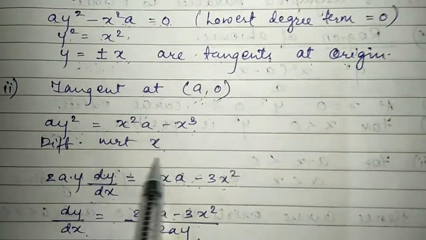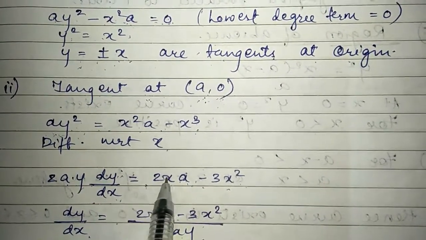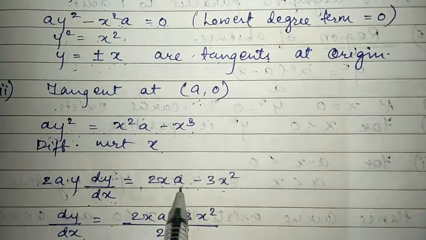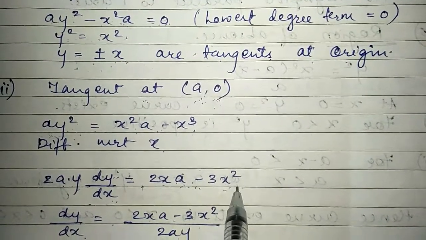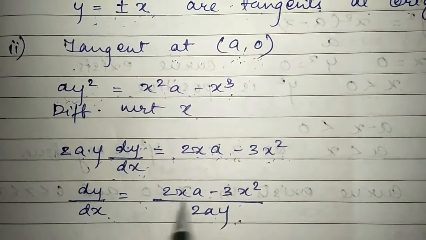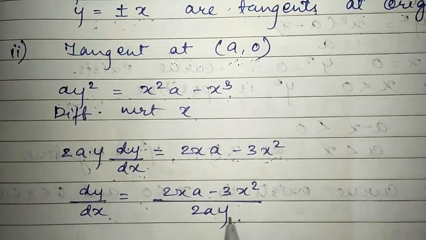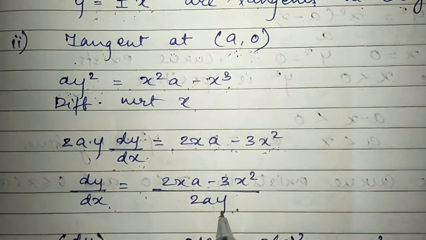Differentiating with respect to x, we have 2ay dy/dx = 2ax − 3x², or dy/dx = (2ax − 3x²)/(2ay).